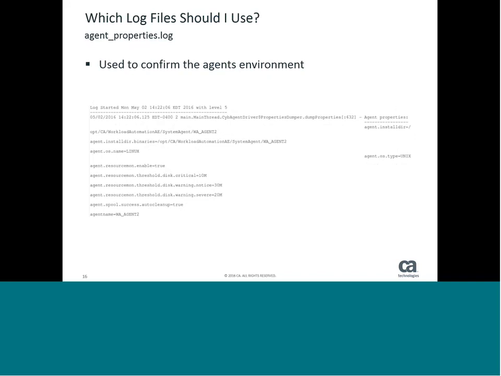And that's important because if the agent's environment is not accurate as it relates to the job that you are sending to that agent, you'll be able to very easily recognize it in this file. And if you have plugins, database plugin, advanced integration for Hadoop, the application and web services plugins or agents, you will get to see the environment and if it's set correctly as the job is going to run.